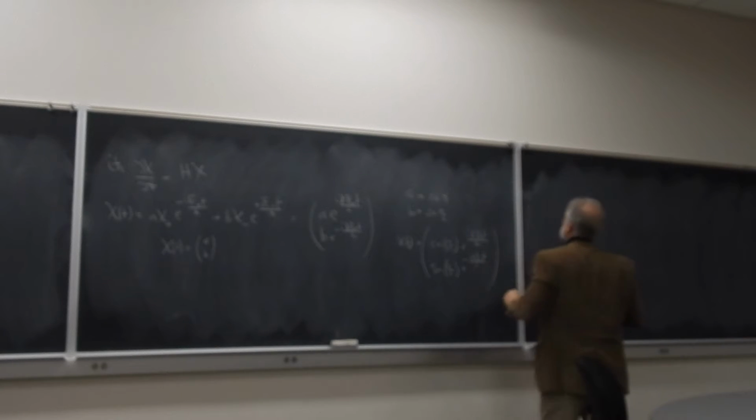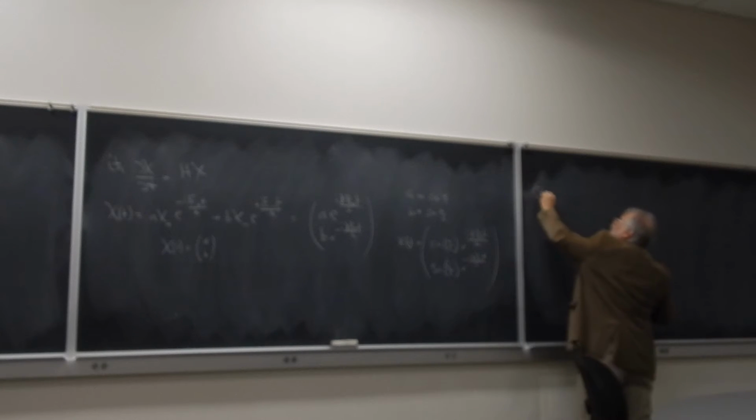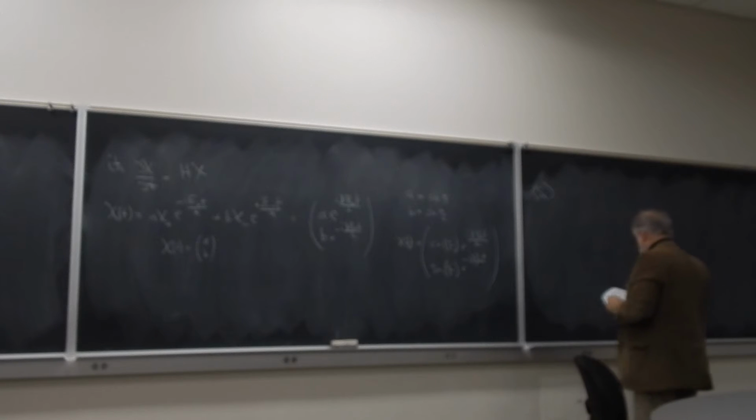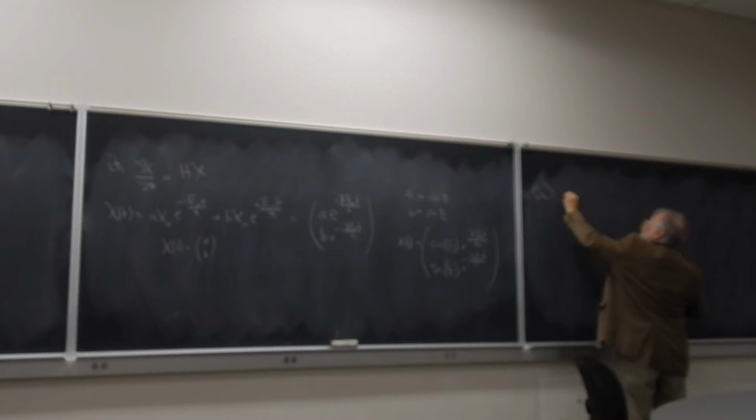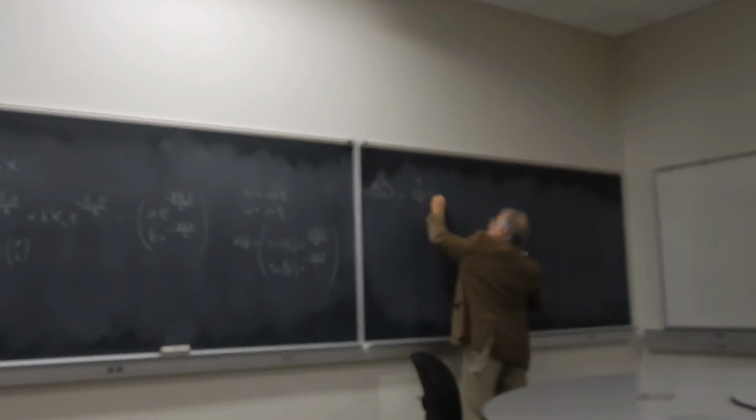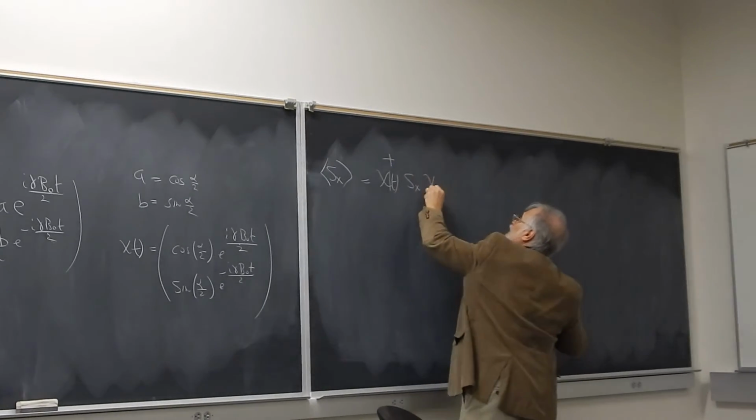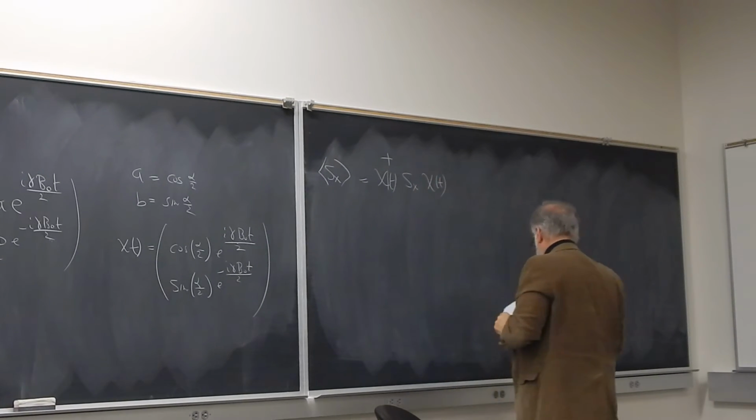And let's calculate the expectation value of S sub x. I can write that as chi of t dagger, S x operator, chi of t.